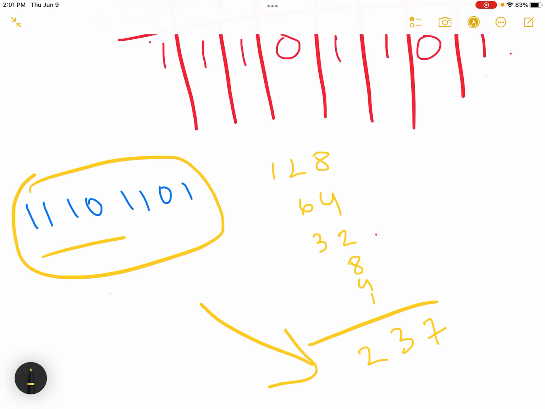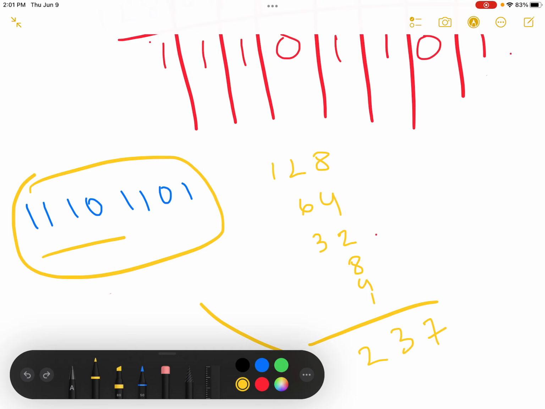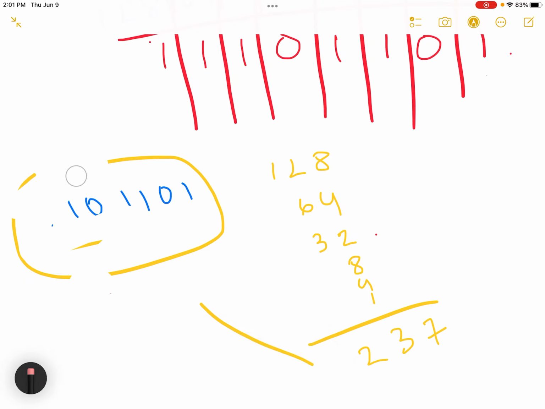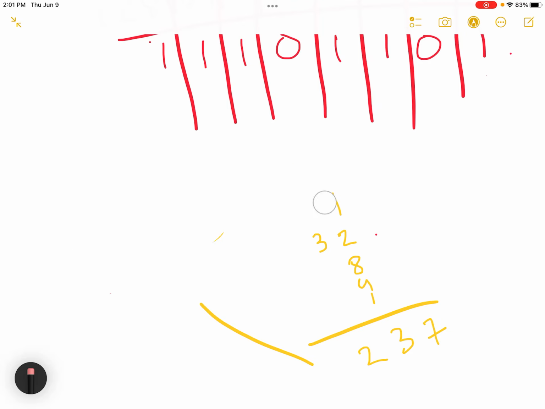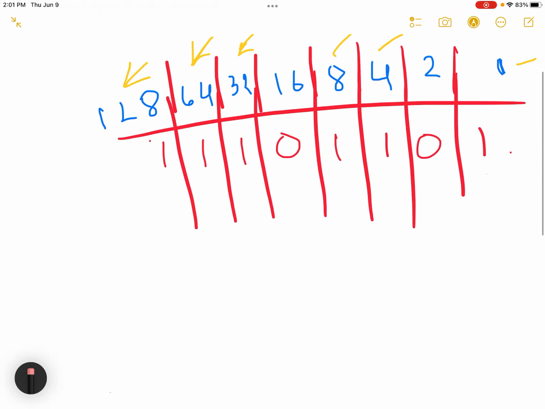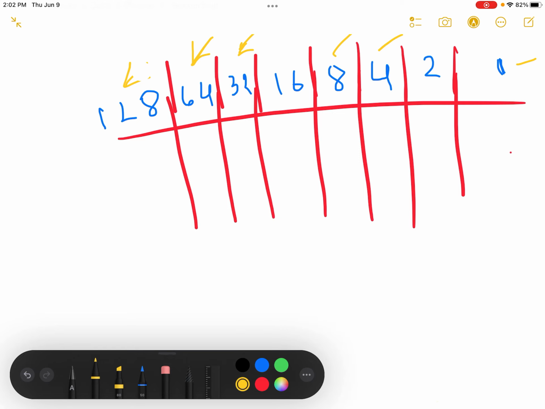And in the same way you can convert a decimal number to a binary number. You use the same pattern with this one. So imagine you have a number, let's say 100.